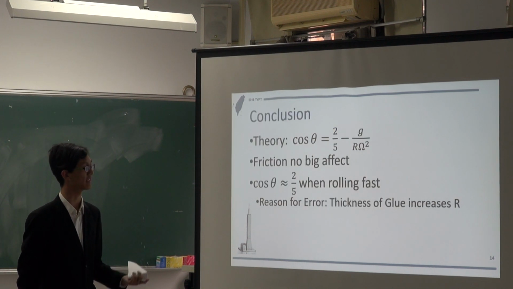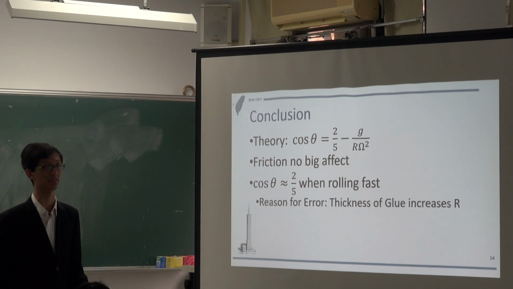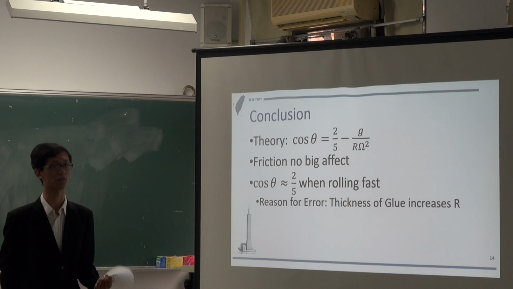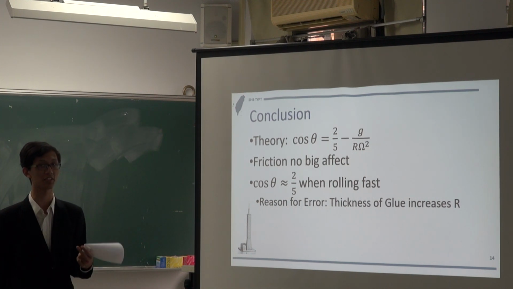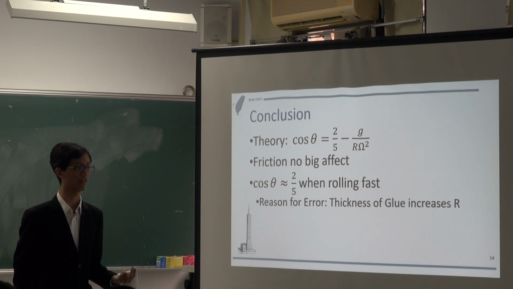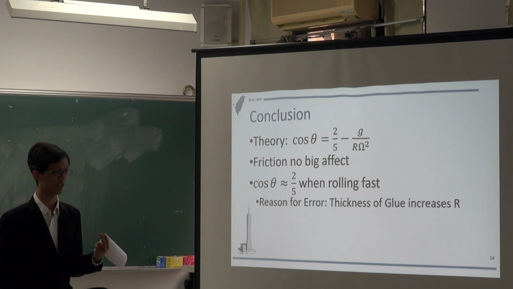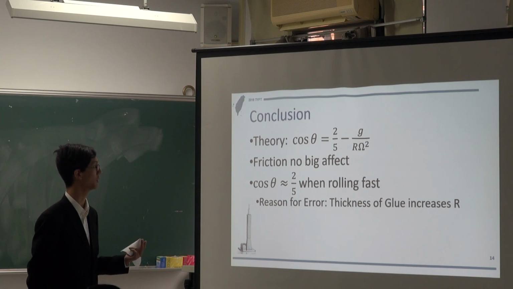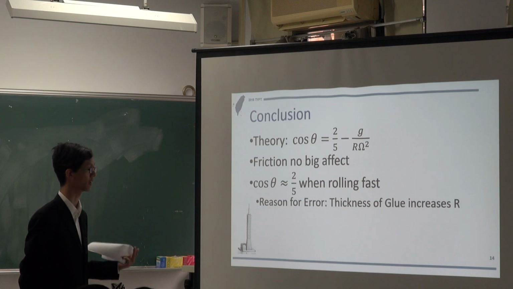The reason for it being slightly less, we think the error is because of the thickness of the glue. When we calculate in our theory, we use the R of the ball, but the thickness of the glue in between the balls increases the R by a tiny bit, and that is what lowers the value from 2/5. And because in our experiment we observed that it is pure rolling, we conclude that friction has no big effect in our experiment. That is why we did not include it in our equations.